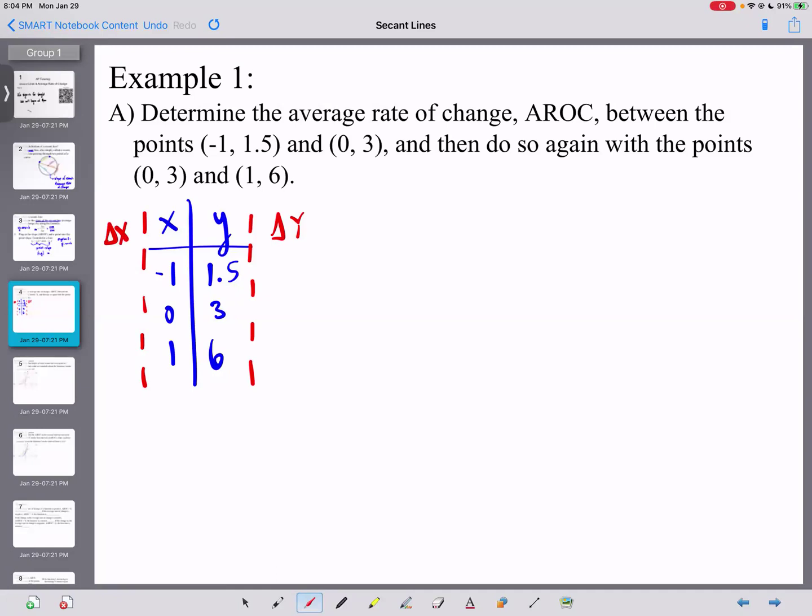So from -1 to 0, how much are we increasing by going from -1 to 0? And if you can just come off mute, just throw it out there. How much do we change it by?